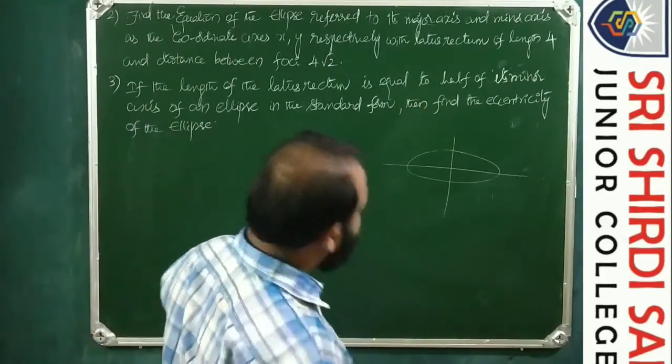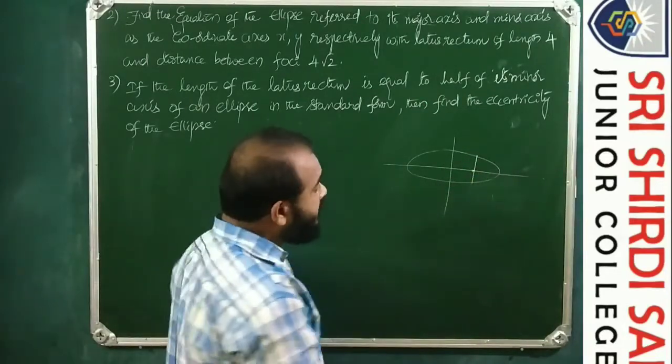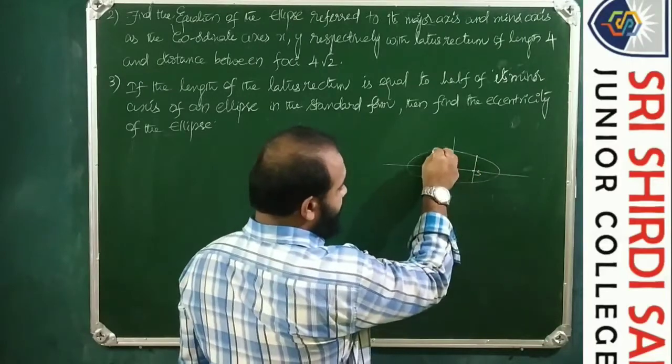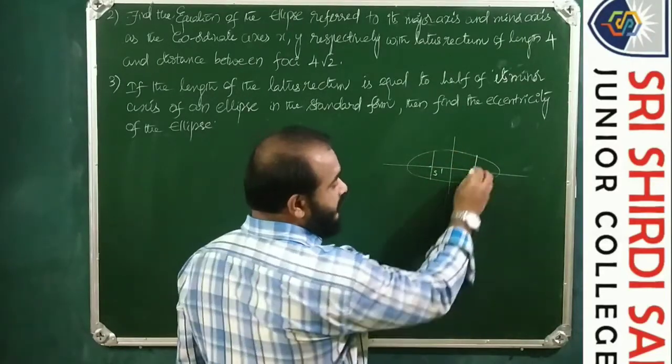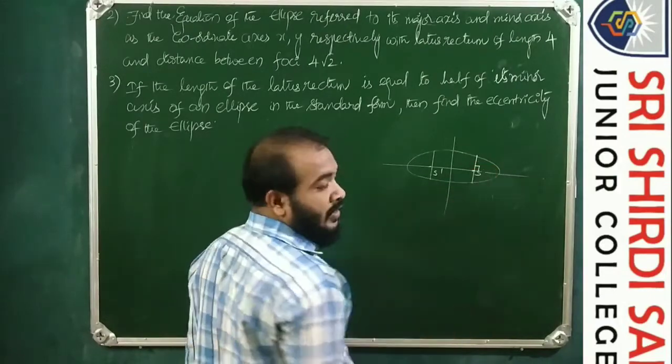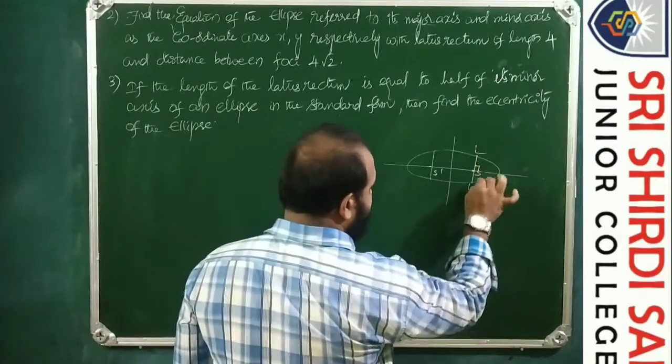Latus rectum means this is our latus rectum, the chord which is passing through the focus and perpendicular to the major axis, which is the x axis here. So this is L dash.